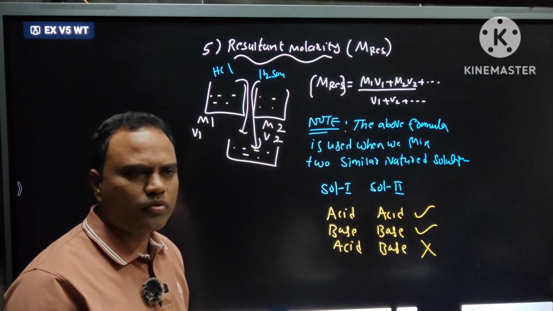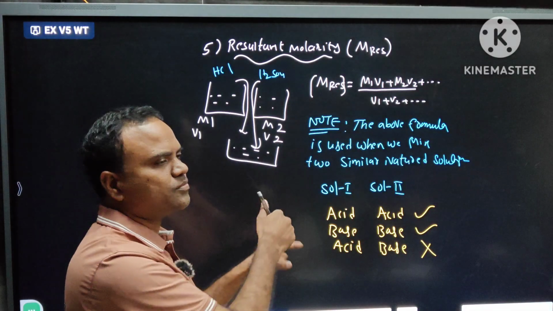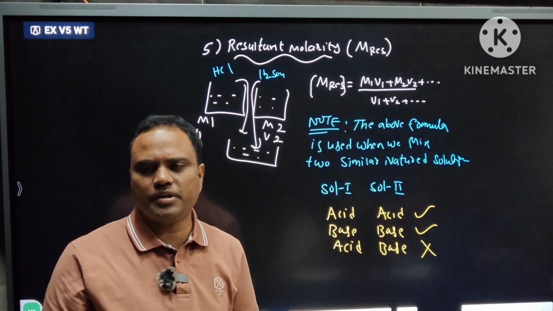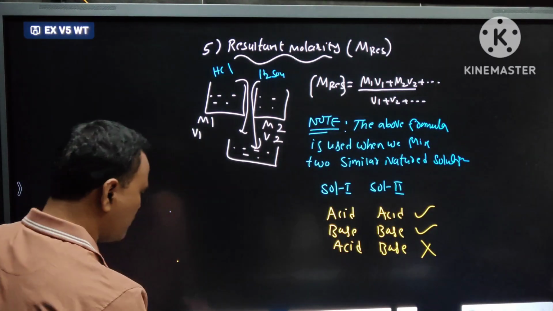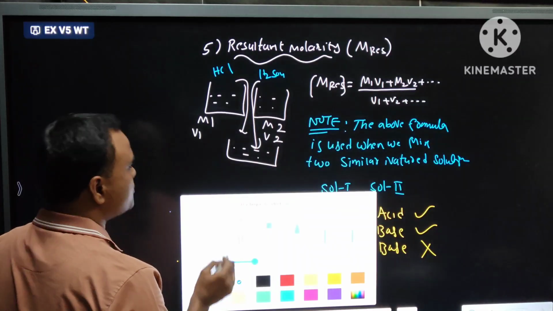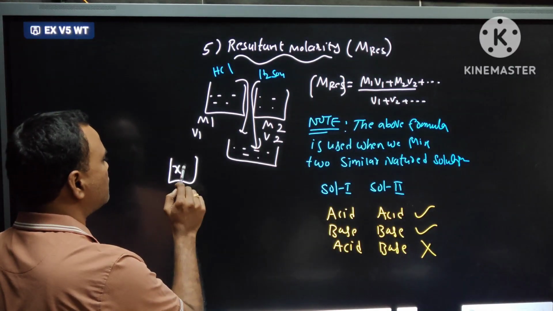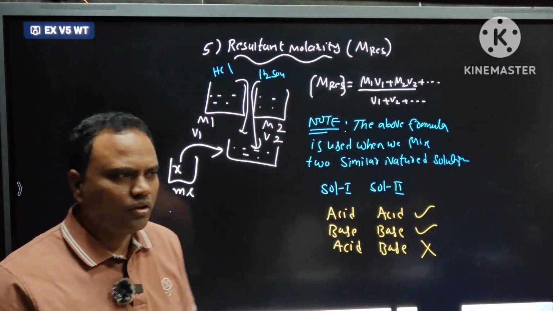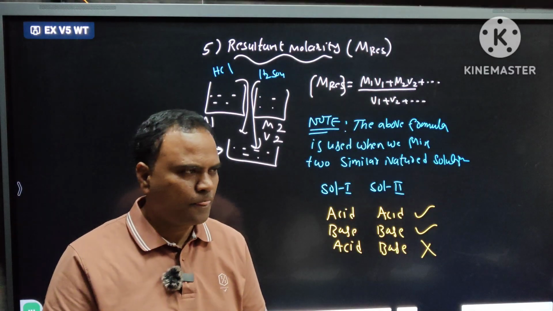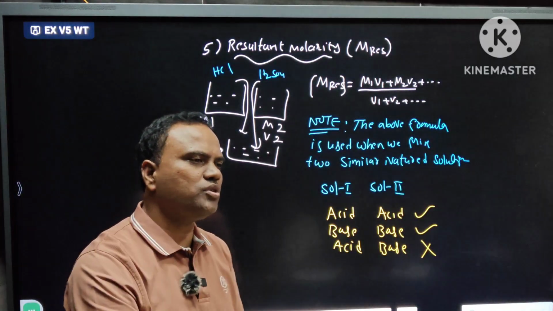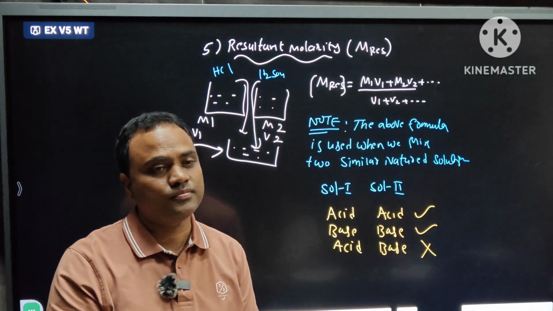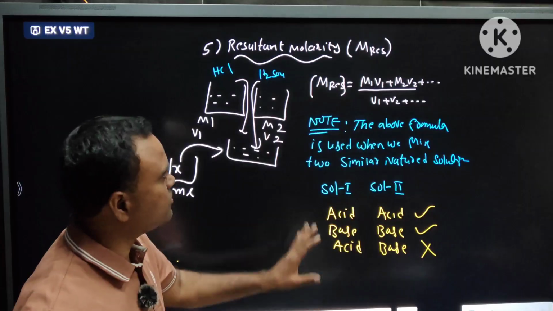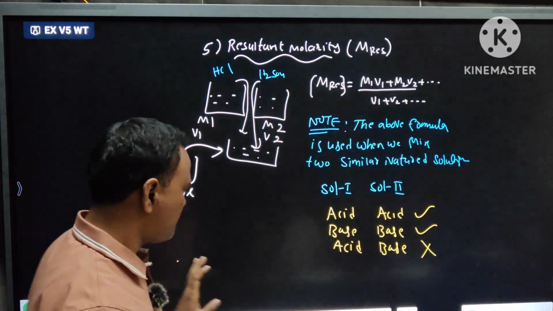Okay. Now you tell me what we did in this small experiment. We added two similar natured solutions, right? Now if we add additionally some x ml of water, we are mixing two solutions and parallelly we are adding some amount of water also. Then how to find the molarity? By changing the formula.